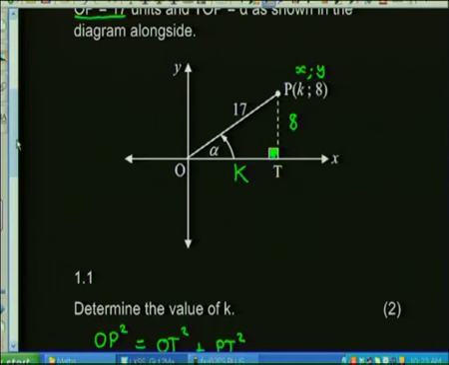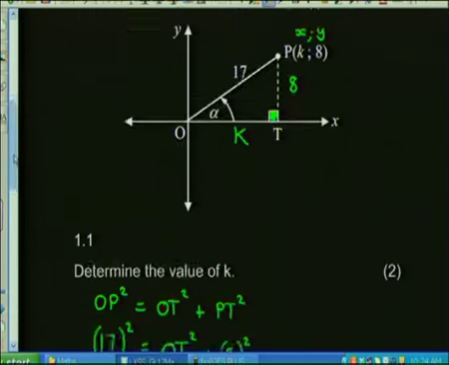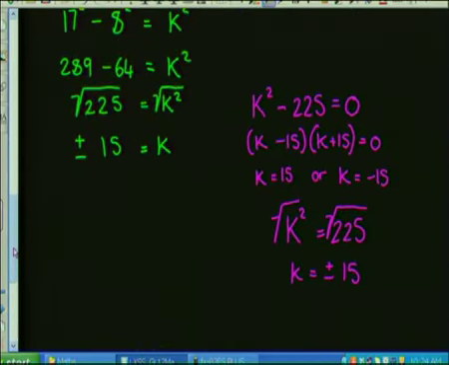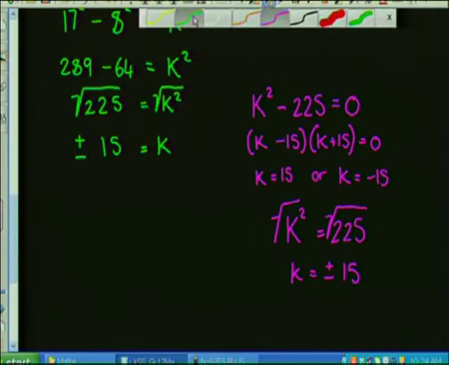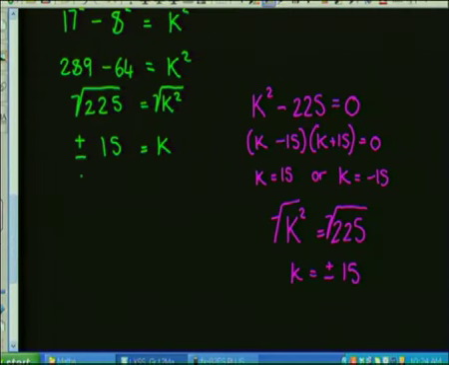Whereas if you were in the second quadrant, you would then have your negative value for 15. So to show the examiners that you understand that, we can then finish off by saying, therefore, k is equal to 15. And we now have our x-coordinate of point P.